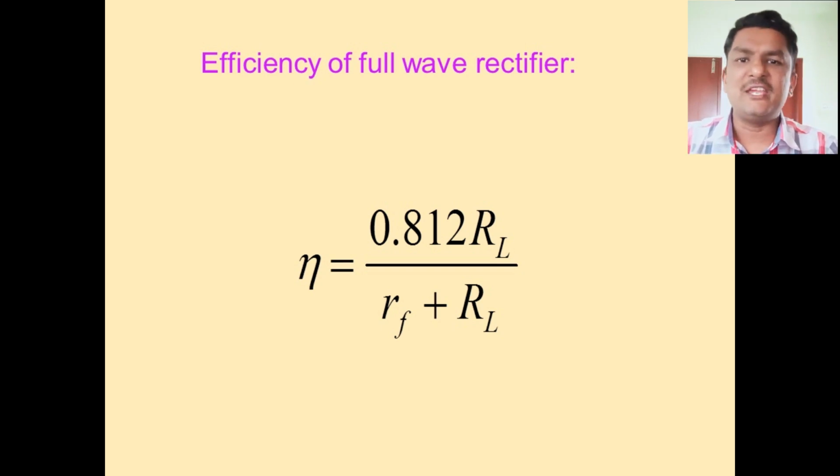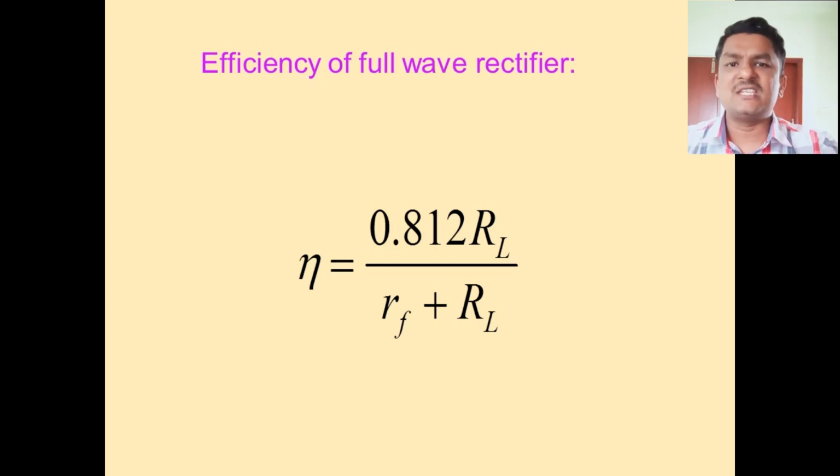That is not included in our syllabus. The efficiency of full-wave rectifier is given by eta equal to 0.812 into RL by RL plus RF, where RL is load resistance and RF is forward bias resistance.